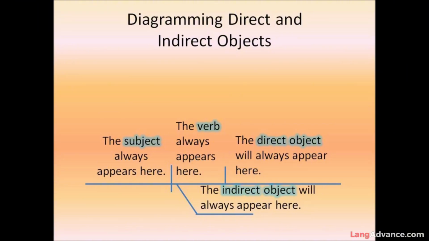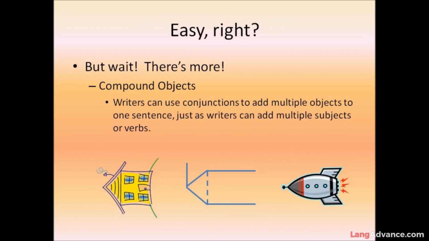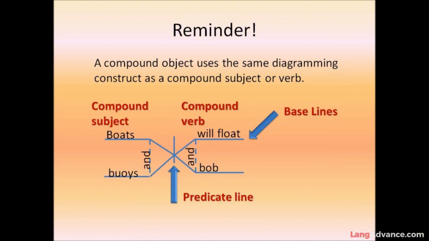Now sometimes you can have compound objects, just like you had compound subjects, compound verbs, or compound modifiers. And the symbols that I gave you to help you remember those compound pieces were the house and the rocket ship, right? So here is a reminder sentence that shows you your compound subject and compound verb with your house or your rocket ship.